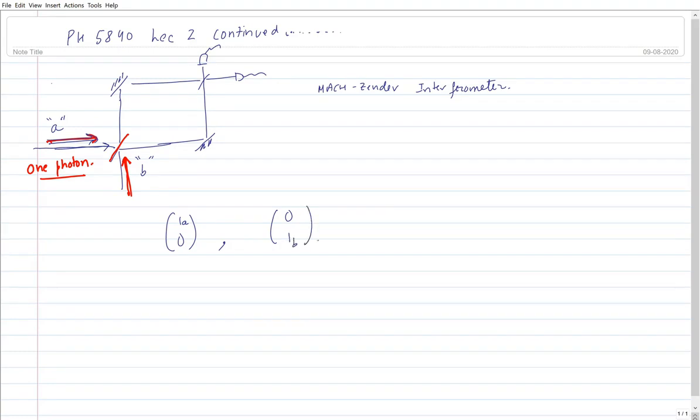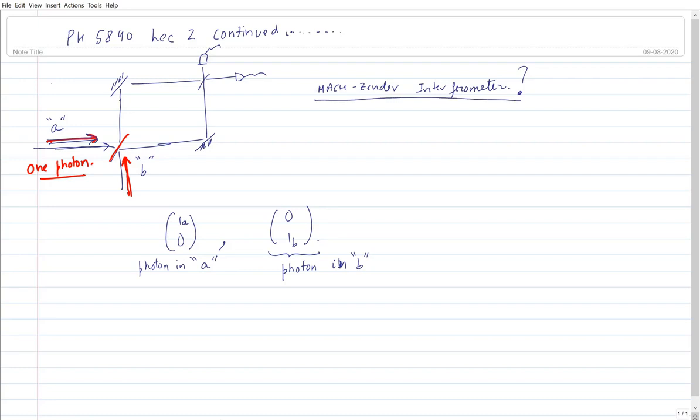So these are essentially the photon in A, and photon in B. Now, I can ask the question, what exactly is the Mach-Zehnder interferometer?